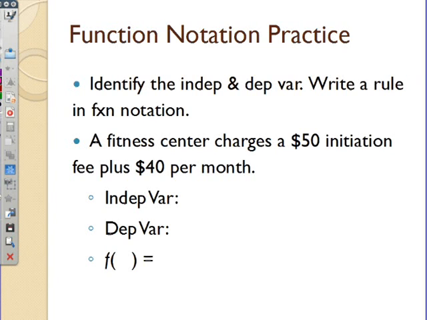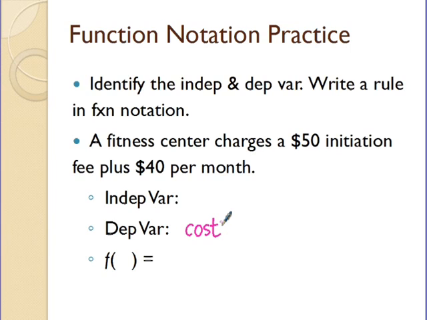Well, if we're trying to figure out how much it costs to belong to the fitness center, that must be the dependent variable. That's what we're trying to figure out. Cost to belong. Okay. And the independent variable is based on how many months were there. So that would be the independent variable, the number of months.